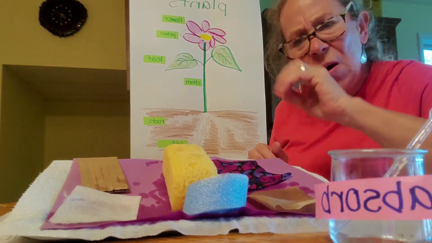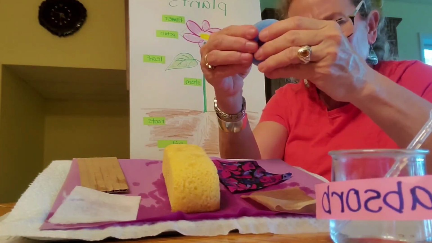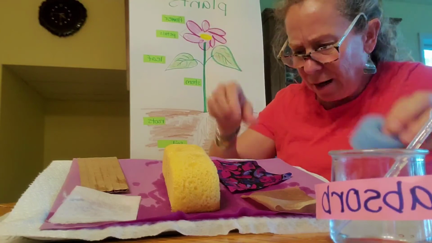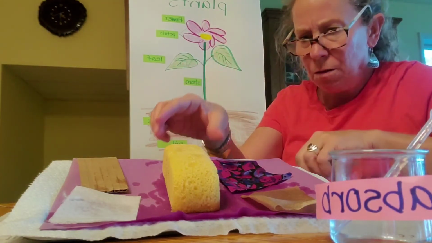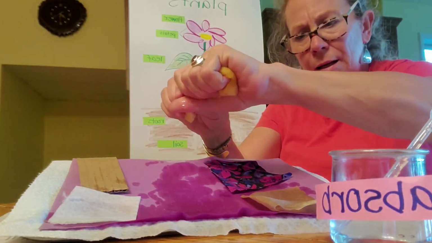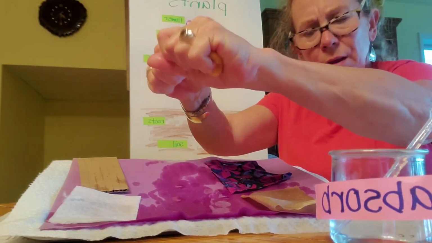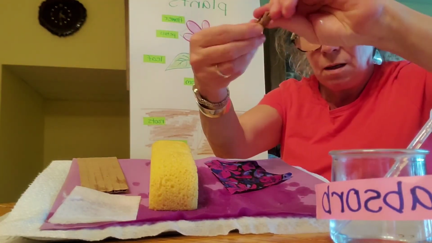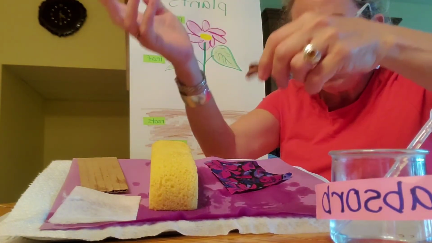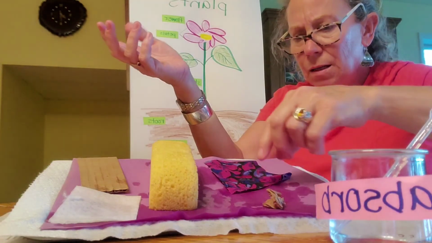I don't know. I can't squeeze water out of that, but I could squeeze water out of the cotton ball. I can squeeze water out of the sponge. I can see if I can squeeze water out of that.